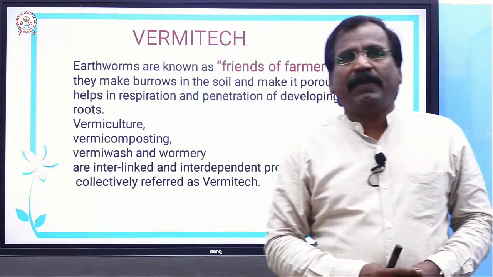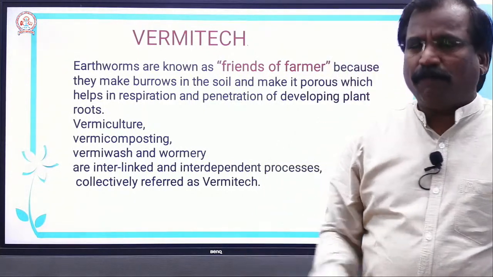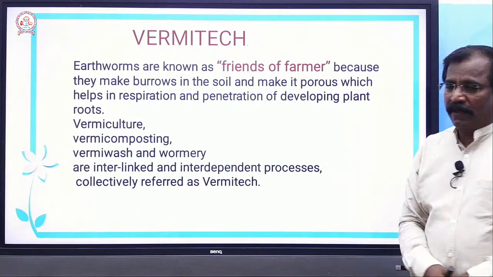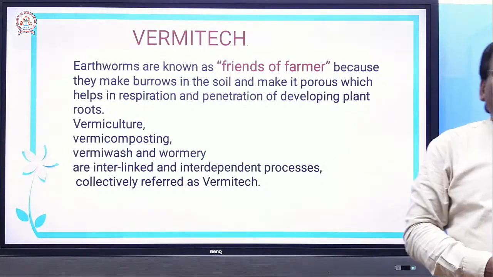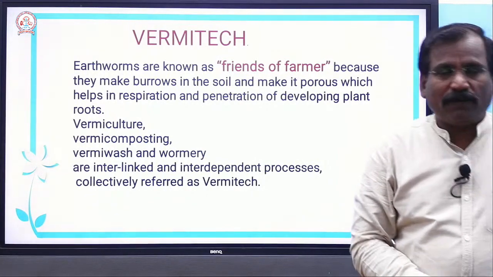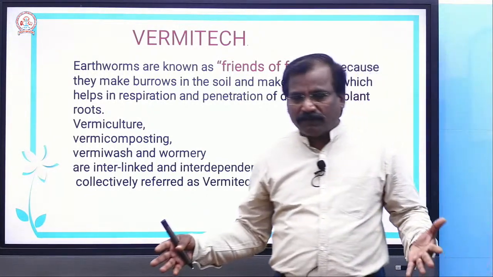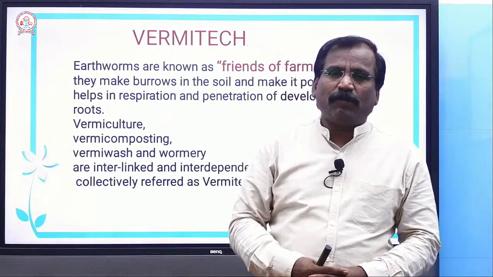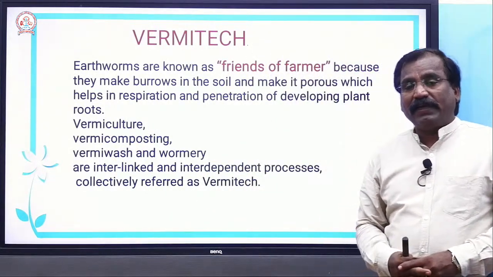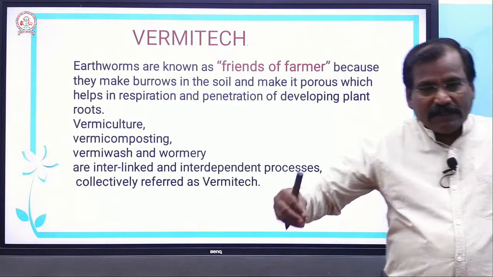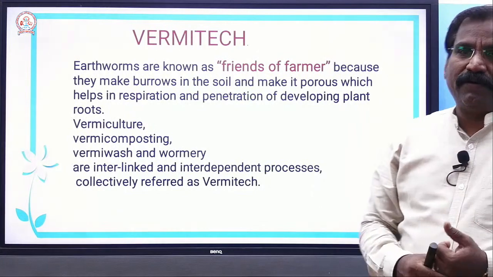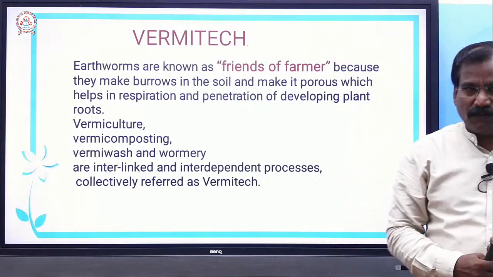That is the life cycle of the earthworm. Then next is the vermi-tech area. This is the advantages or uses. You already know that earthworms are called the friends of farmers, because they enrich the soil fertility by releasing fecal matter, that is called worm cast.